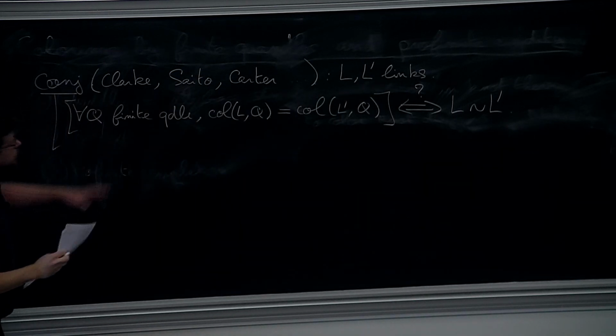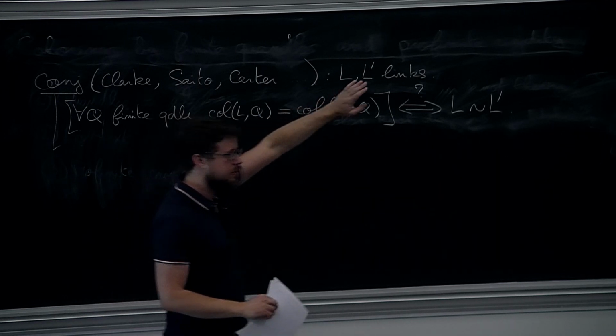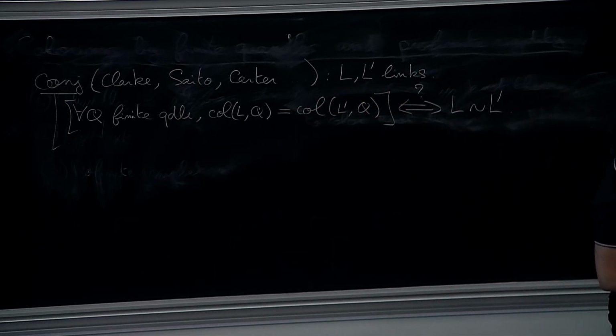So this conjecture is exactly saying, okay, there should not be loss of information on the top maps here.